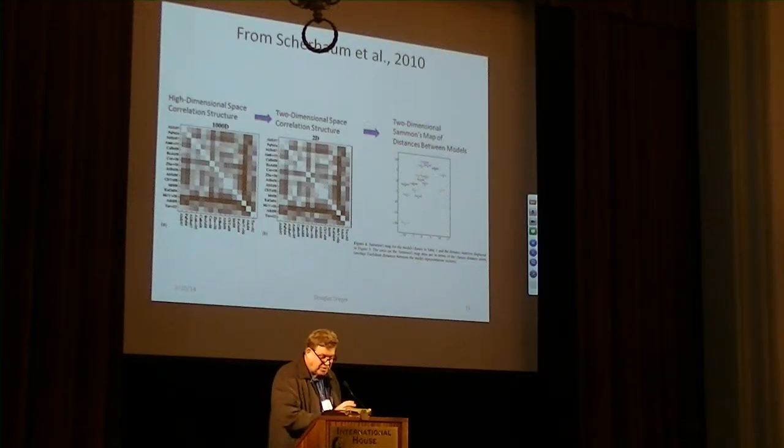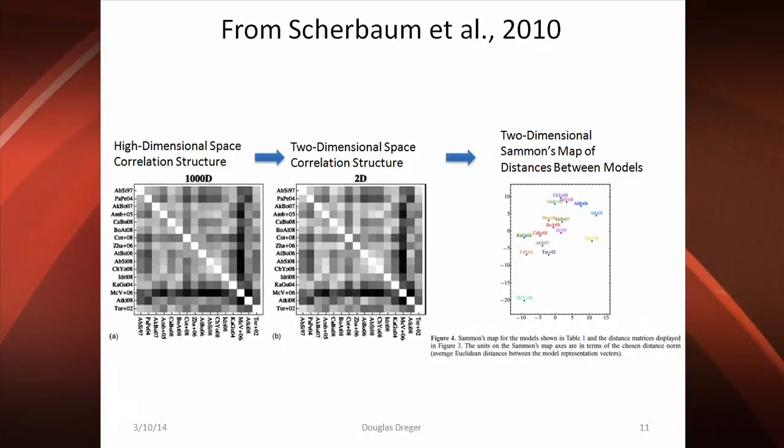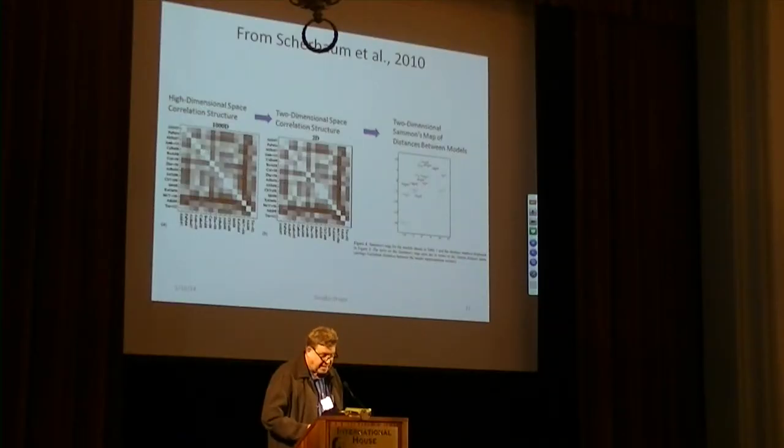So this is an example from Scherbaum's paper in 2010 that shows, for a number of GMPEs, the correlation matrix. And the point is that given the range of discrete magnitudes, the range of distances and periods, this results in a very high dimensional vector space.